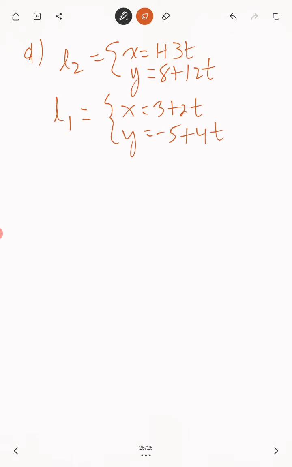So in order to know that the lines are parallel, we would have to know that the direction vectors are parallel. And what I just said in part B was that if the direction vectors are parallel, then they're scalar multiples of each other. So if I can find that direction vector m1 from line 1, for example, can be written as a scalar multiple of direction vector m2 from line 2, or vice versa, then I'll know that these lines are parallel.